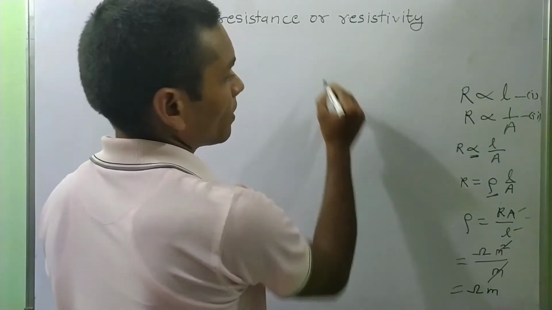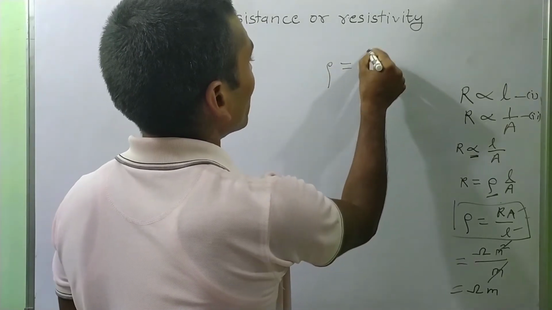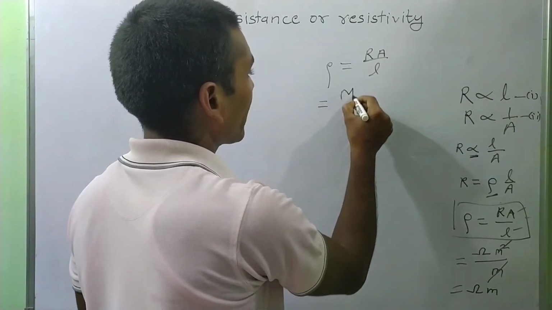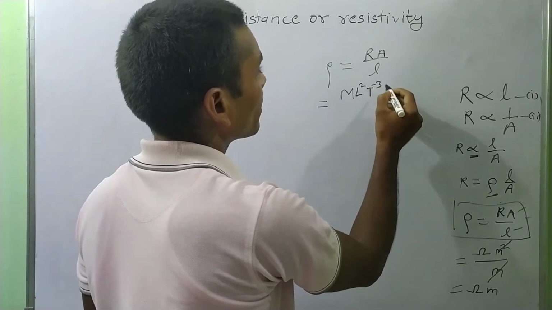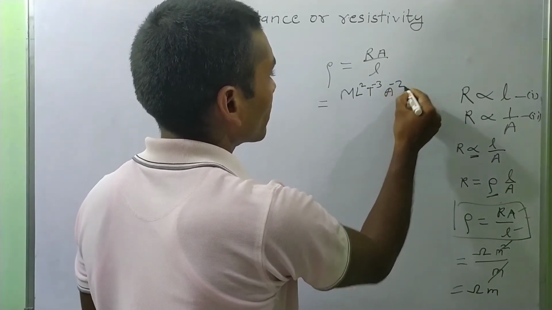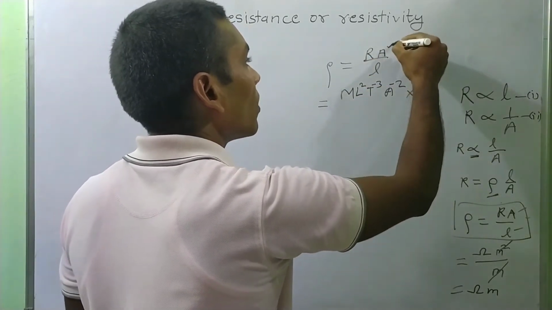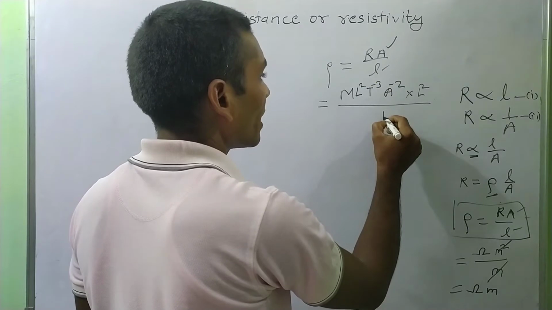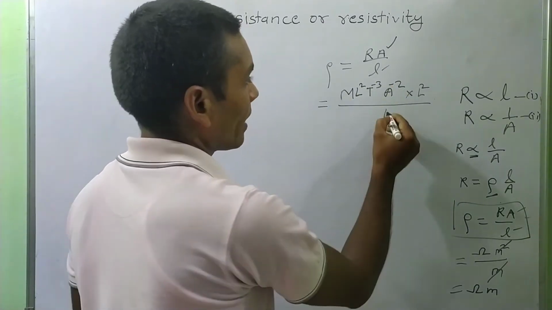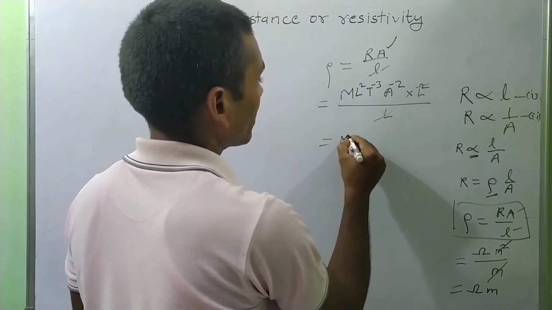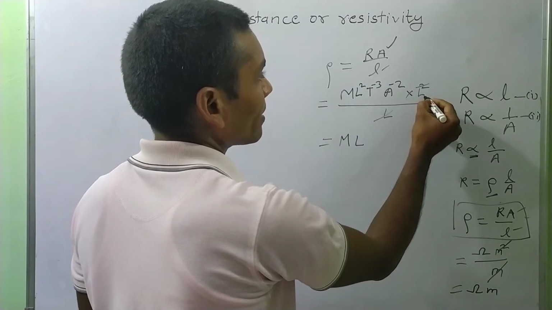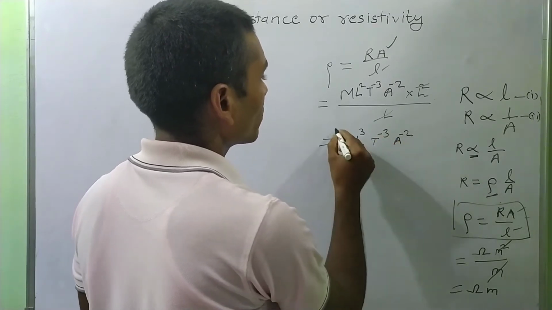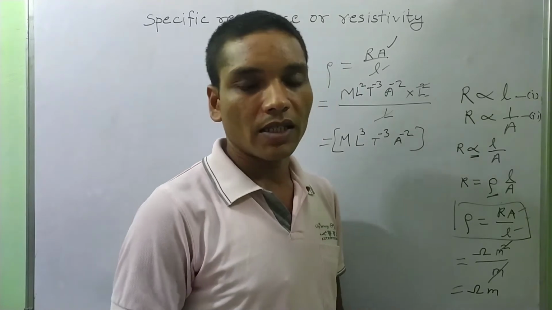From this equation, rho equals R A upon L. The dimensional formula of resistance is M L squared T to the power minus 3 A to the power minus 2, the dimensional formula of area is L squared, and of length is L. L will cancel with this L, and the remaining part is M L squared, and here L. So here will be M L cubed T to the power minus 3 A to the power minus 2. This is the dimensional formula of resistivity.